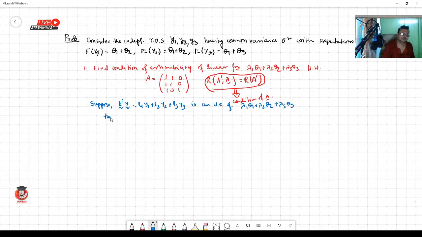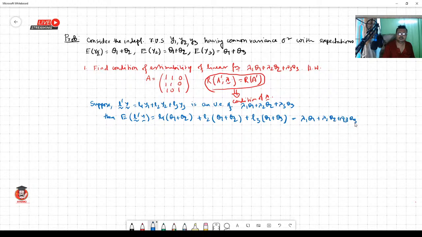Then the expectation of L prime y, that is L1 (theta 1 plus theta 2) plus L2 (theta 1 plus theta 2) plus L3 (theta 1 plus theta 3), is equal to lambda 1 theta 1 plus lambda 2 theta 2 plus lambda 3 theta 3.